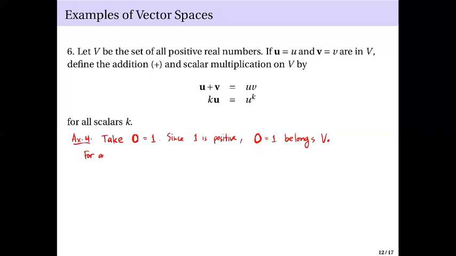For any boldface U in V, let U be the positive real number such that the boldface U is just your U. Then we want u plus the 0 to be u, correct?